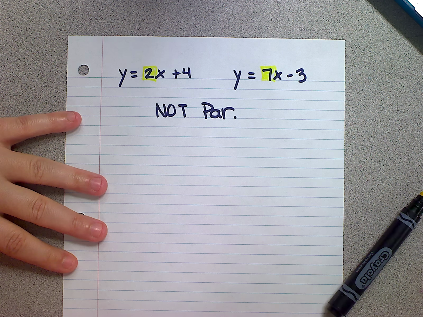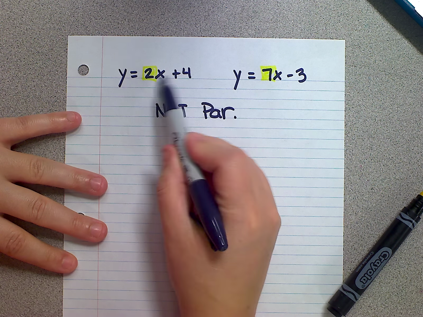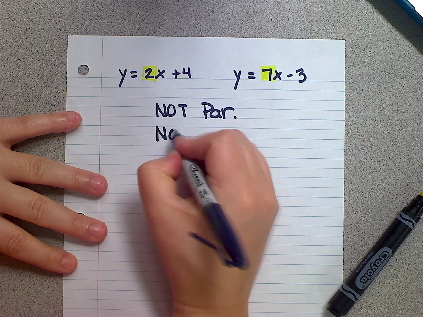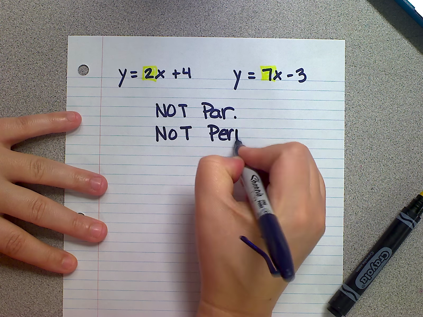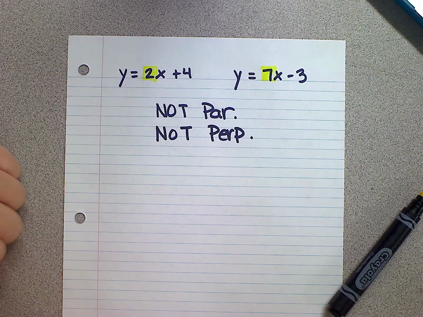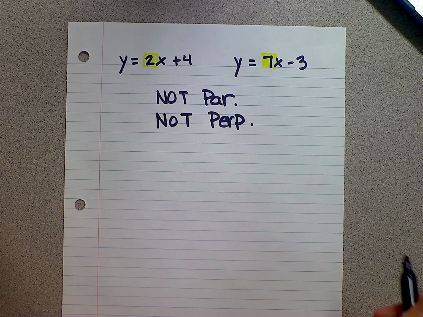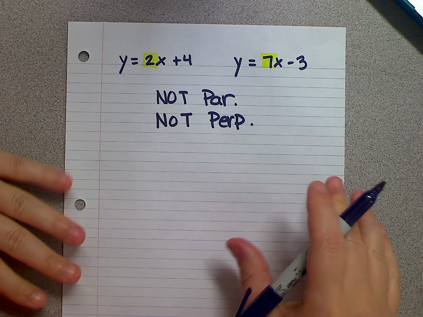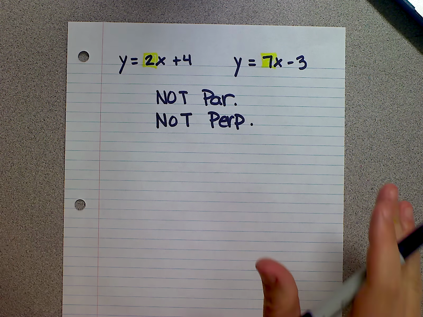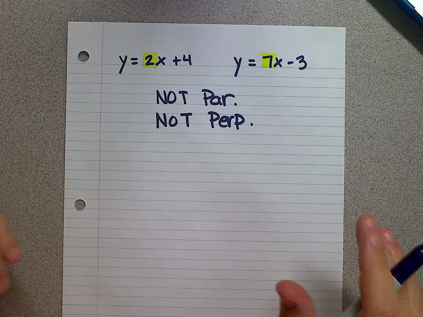And we see that they're not opposites or reciprocals, so they're not perpendicular either. Now they're going to try to trick you by making them just opposites or just reciprocals, but that doesn't make them perpendicular. They have to be both opposite and reciprocal to be perpendicular.